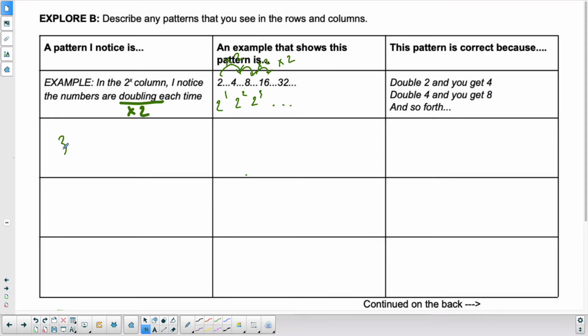So in the 3 to the x column, we notice, you can say I notice, the numbers triple each time.